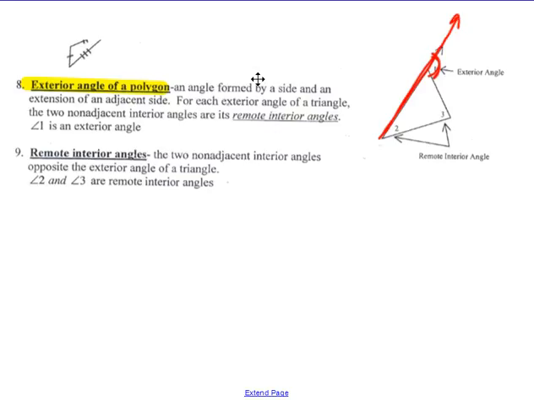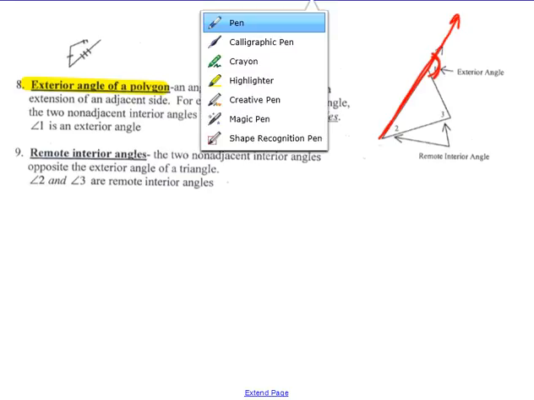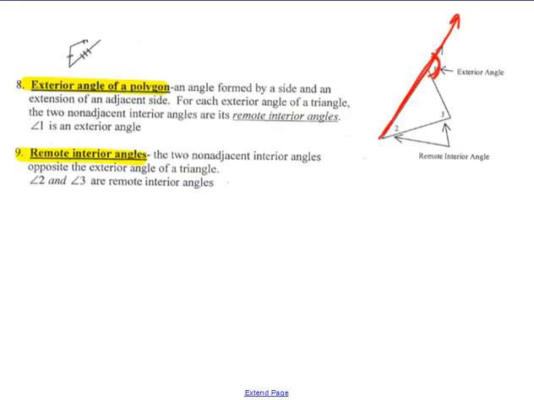We also note that we have remote interior angles. Remote interior angles mean the angles that are opposite this angle. So these are remote interior angles. They're inside the triangle, and they're opposite this other angle right here.